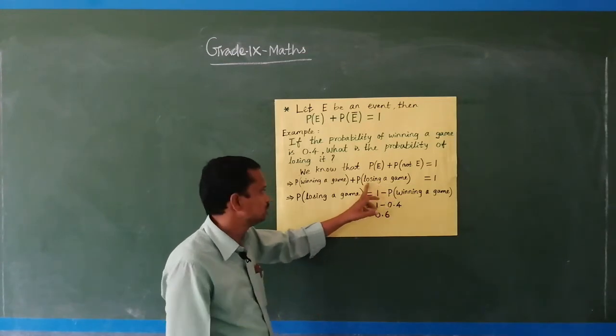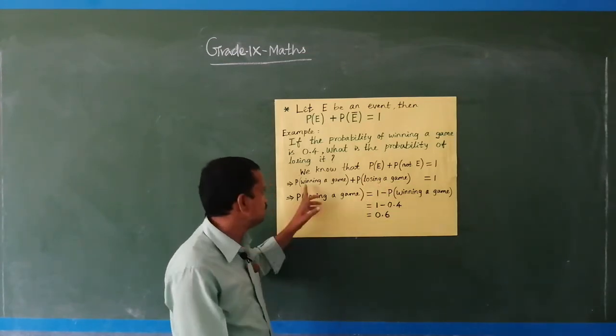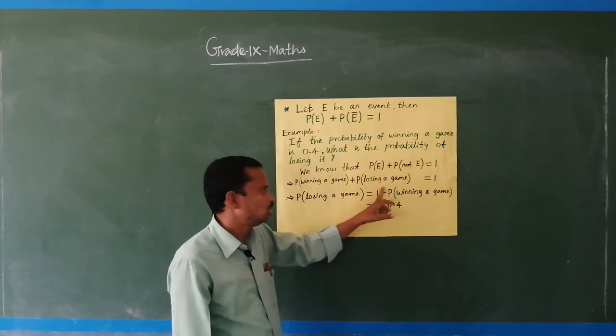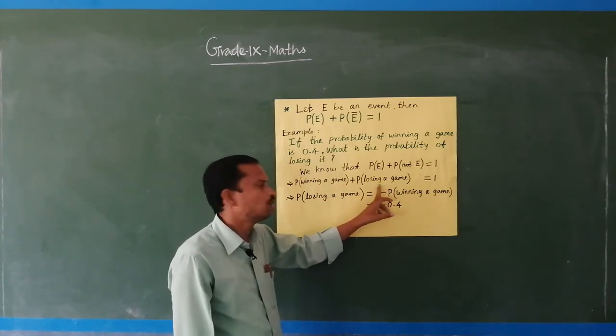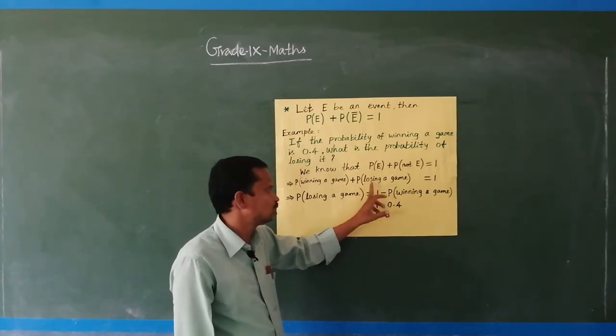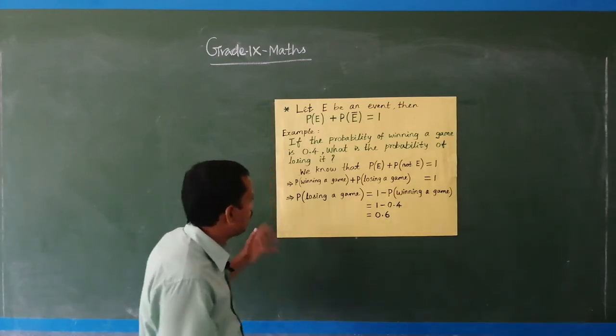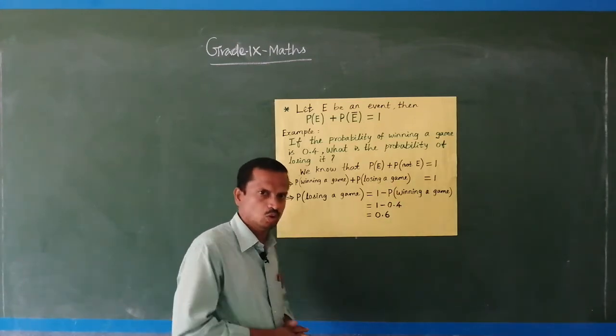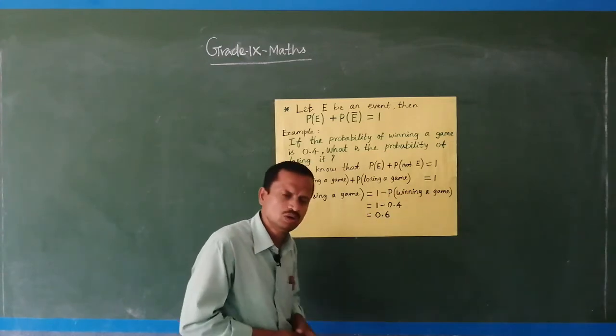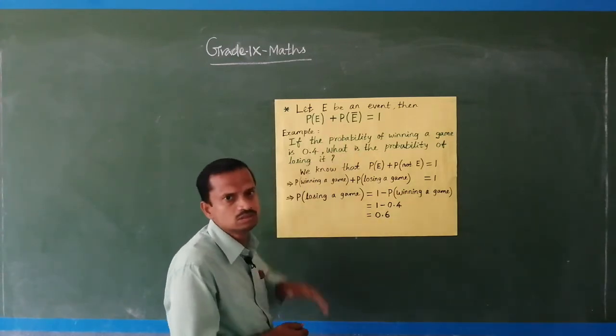If E is winning a game, then not E, that means E bar, you can take as losing a game.